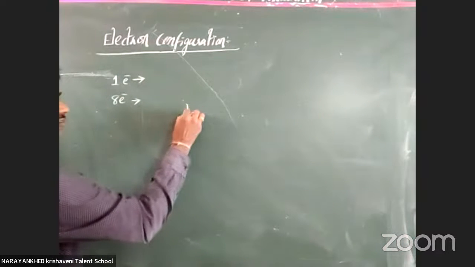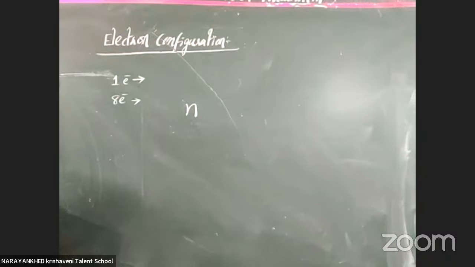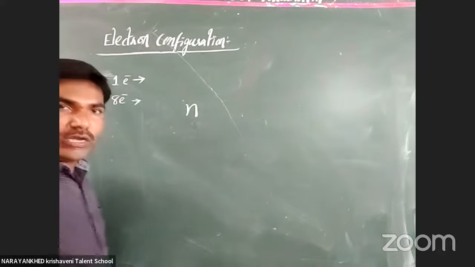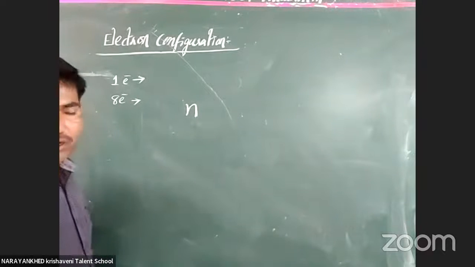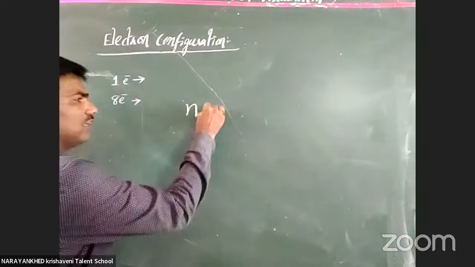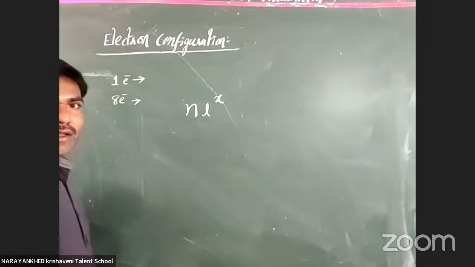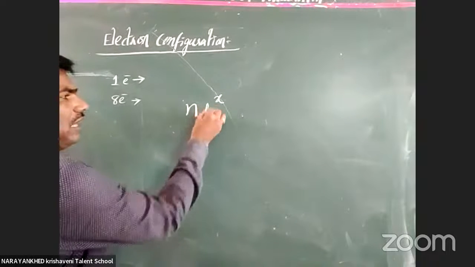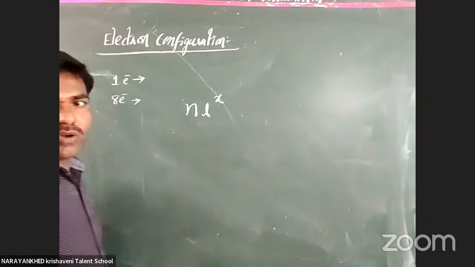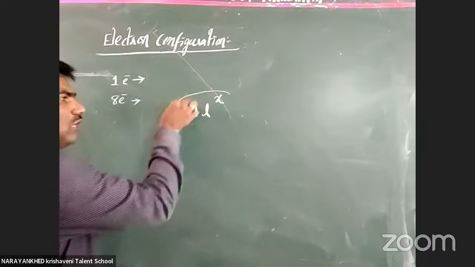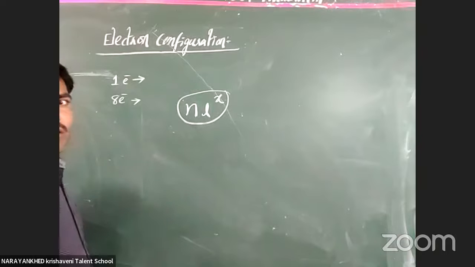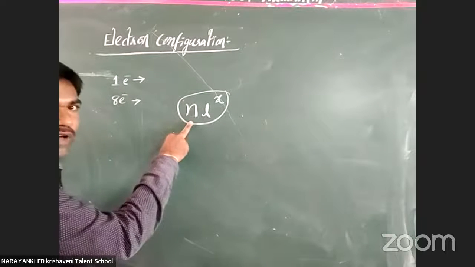The general form of electronic configuration is based on our quantum numbers: n, l, and x, where x is the number of electrons. Using this general form we give the position of an electron.